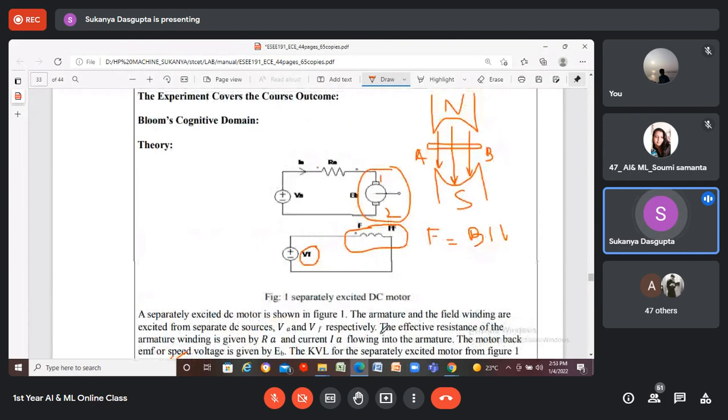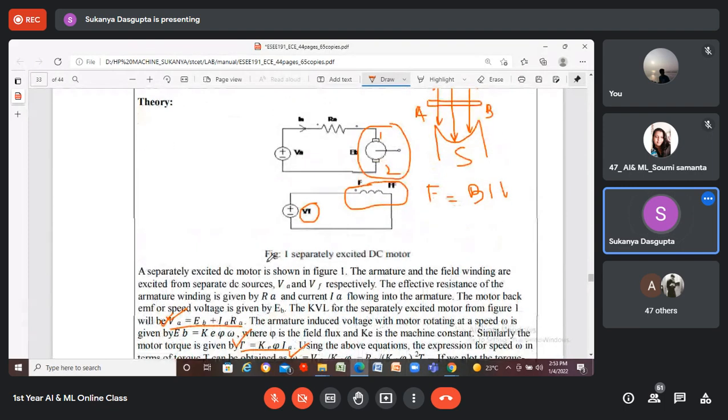Now, what is the meaning of this back EMF? Look at this circuit. This VA is the supply voltage to the motor. Once the motor starts rotation after having the current, say I ampere, flowing through the armature winding, a voltage is developed across the motor.